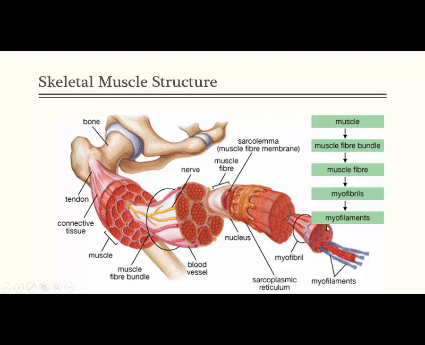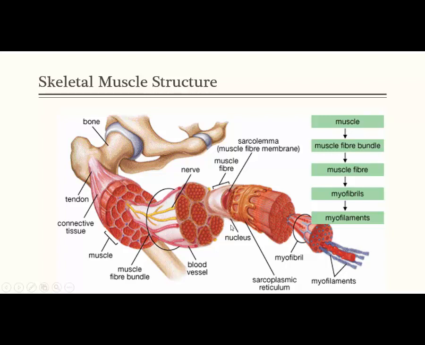These myofibrils are bundled into what we would call a muscle fiber. The muscle fiber being a group of cells, perhaps fused cells with multiple nuclei, that is surrounded by a plasma membrane that we would call the sarcolemma. And the nuclei here you can see are eccentric.